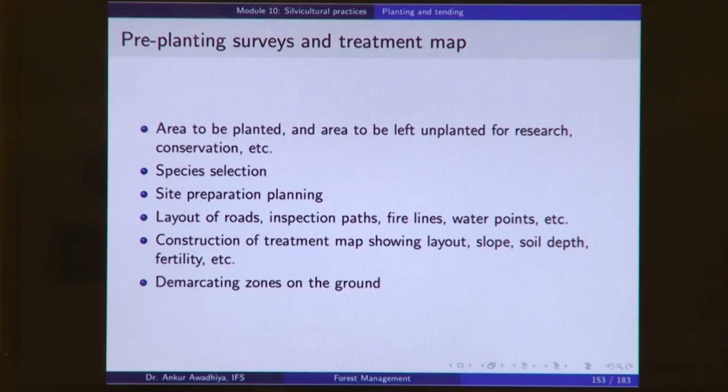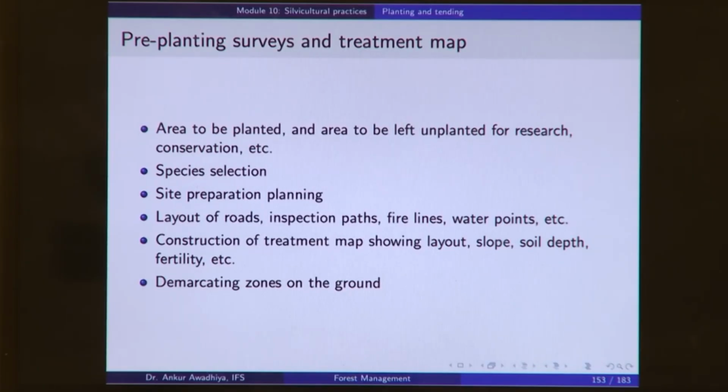You will have to get into this plantation once the plants have established themselves and perform certain tending operations. Now, if you are doing this plantation from the beginning, then it makes much sense to lay out your roads so that all parts of the plantation are easily accessible for either observation or monitoring or tending operations later on.